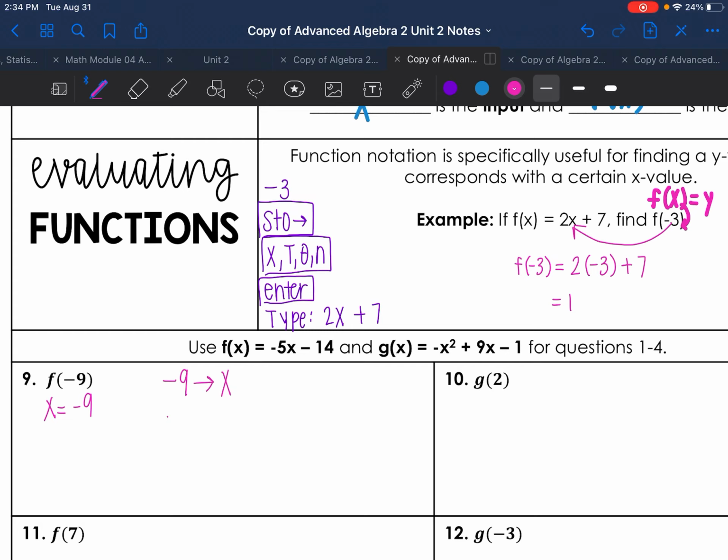And then your next line should be -5x minus 14. Those two things should be on two separate lines, and they should match what I have written down. And your answer is 31. If you did not get 31, I want you to look back at your calculator and make sure that your first line looks like this and your second line looks like that.